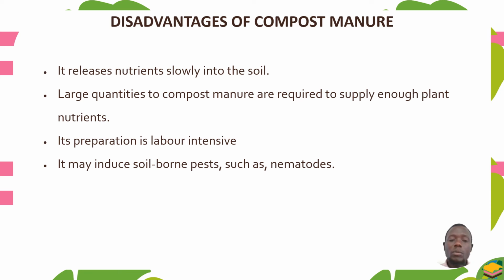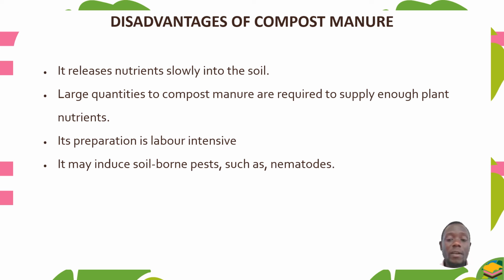So if you have got small quantities, it means nutrients supplied to the soil will also be small. Therefore, we need to have large quantities of compost manure in order to supply enough plant nutrients. That's why I'm saying that they are bulky and very difficult to apply. Its preparation is labor intensive.